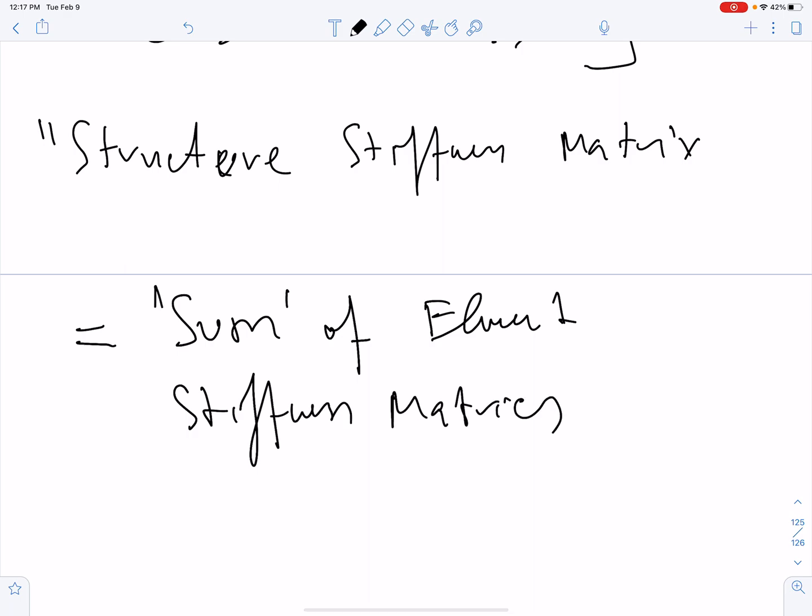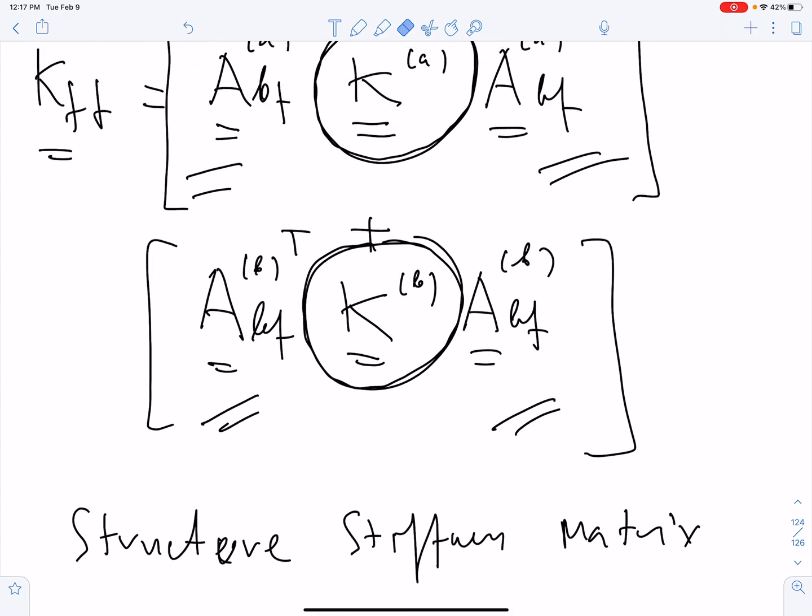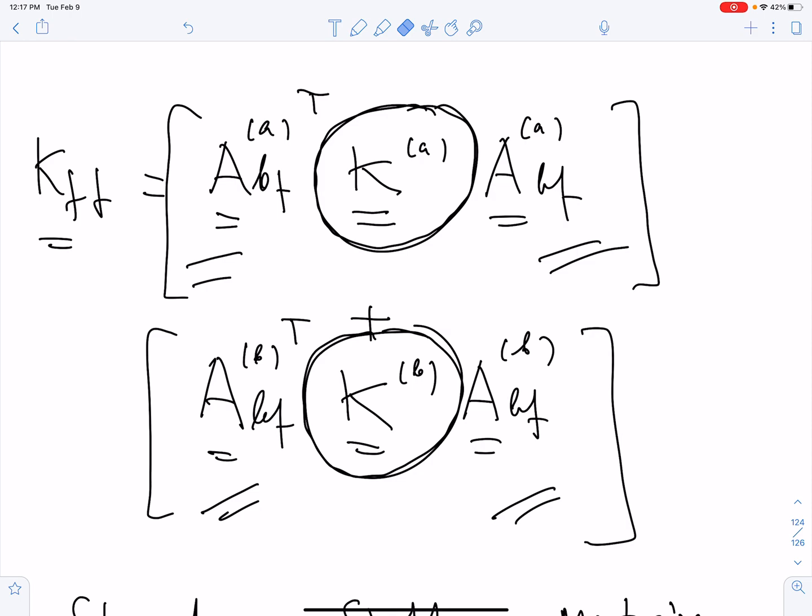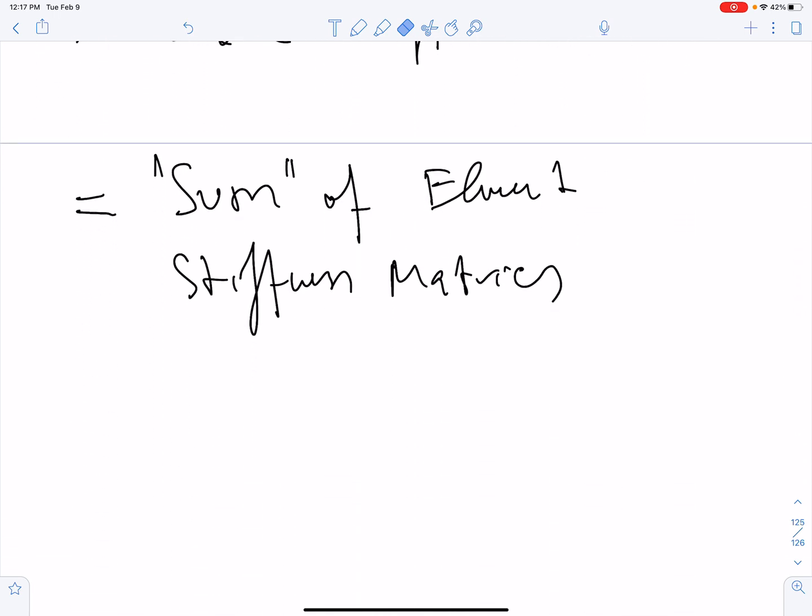But sum, I'm going to put it in quotes, it's a sum provided the matrix is transformed to have the appropriate dimension using these Boolean operations.